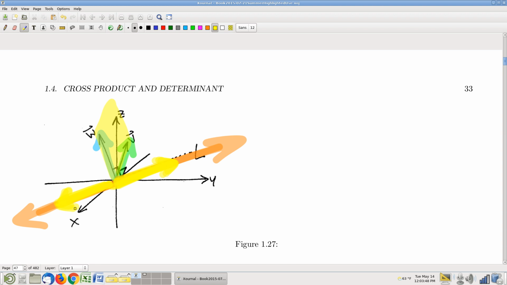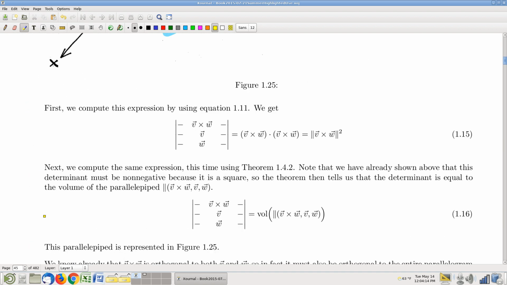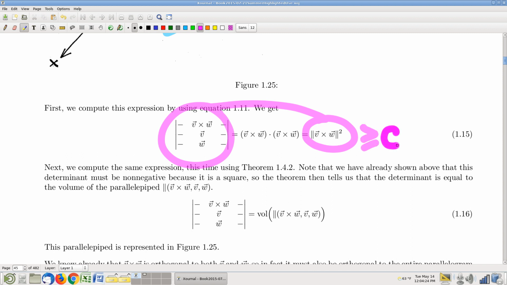So the question that remains is, how do I decide which one of these possibilities is actually the cross product? The answer comes from right-hand order. As you might see intuitively, that's the only way we can get our hands on this, no pun intended. And the details of the algebra we already have done. It's right here. If we look at this equation, notice that this is a perfect square and therefore is not negative.